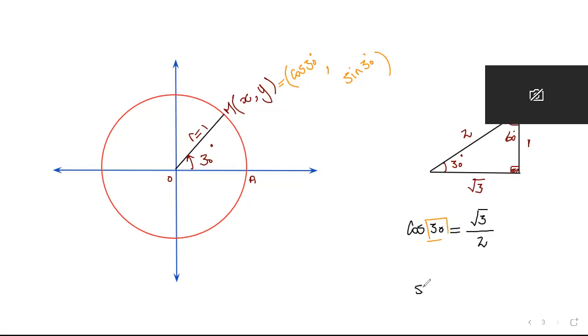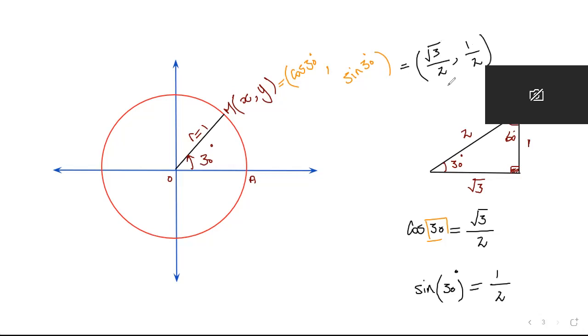And also, we see that the sine of 30 degrees, based on the definition, is the opposite length, which is 1, over the hypotenuse, which is 2. Now, as a result, you see that the point M is cosine of 30, which is square root of 3 over 2, and 1 over 2 for the y.